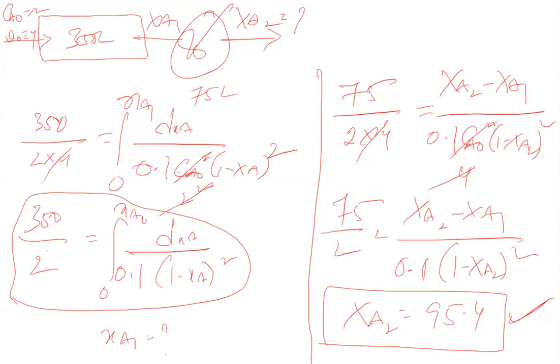The only thing is, in one system I put the CSTR first, followed by PFR. In the second system, I put PFR first, followed by CSTR. In one case I got 95%, in another case 95.4%. Why is it higher?